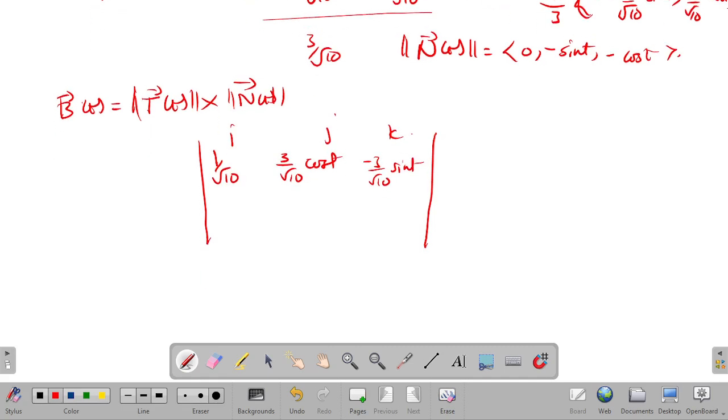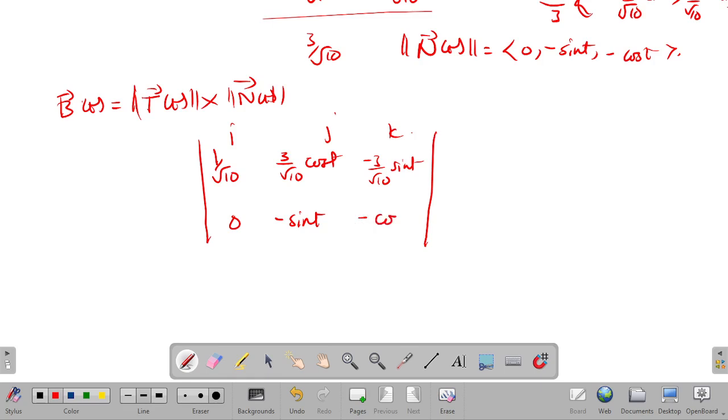Then for my second row, I have my unit normal vector: 0, negative sine t, negative cosine t. Good. So once I have this, you simply apply the determinant approach.